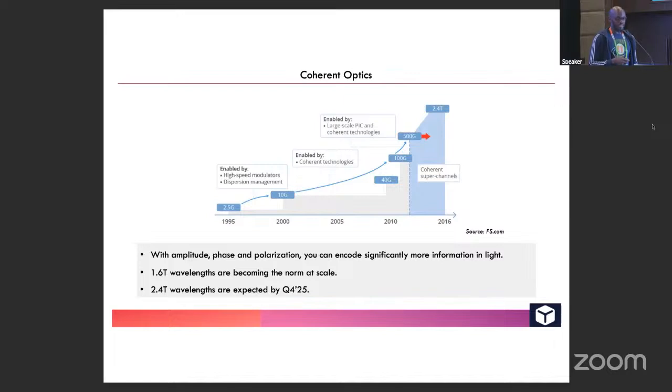Coherent research began in about 2008, and then in 2012 became commercialized, especially in the subsea space. I think subsea space was the first application for coherent, because in that space, you couldn't get more than 10 gig on any subsea system. So you can see from that point, we're now getting to 100 gig, and then you get into large lambdas or wavelengths like 500 gig, 800 gig, 1.6, 2.4 tera.